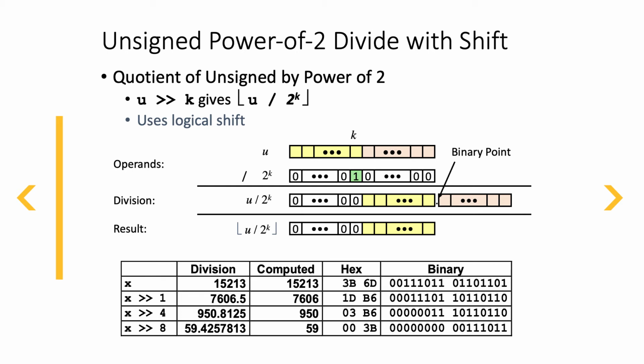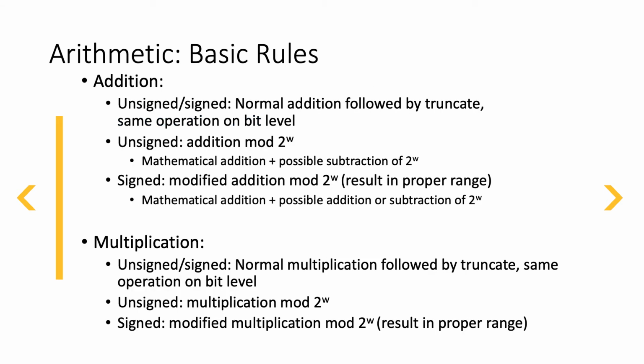So let's summarize and take a look at the basic rules that we always want to keep in mind when we're dealing with arithmetic and integers. For addition, unsigned or signed, normal addition is followed by a truncation, right? The same operation on the bit level. So you just add and then truncate that carry bit. For unsigned, addition is mod 2 to the w, right?